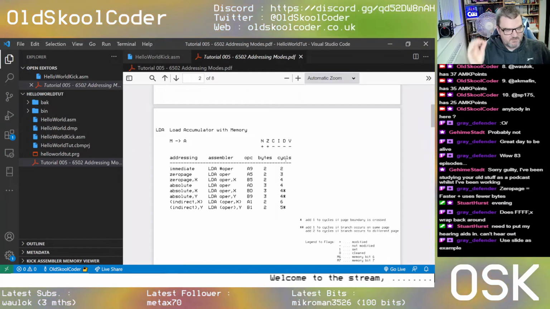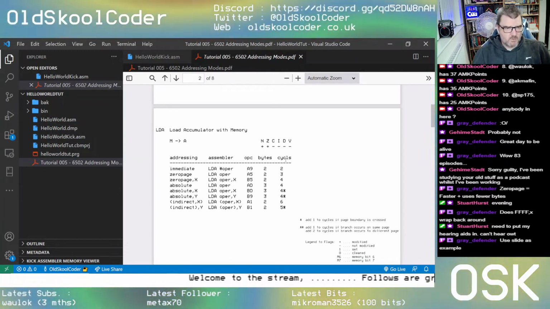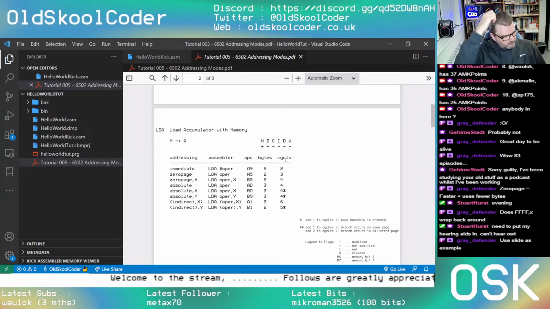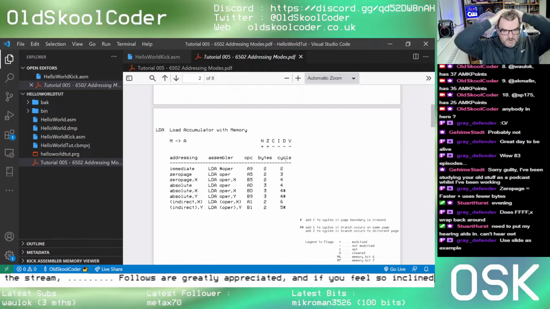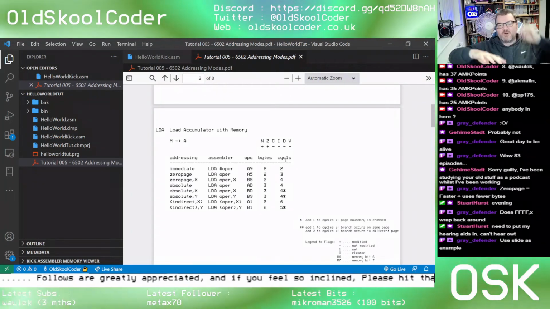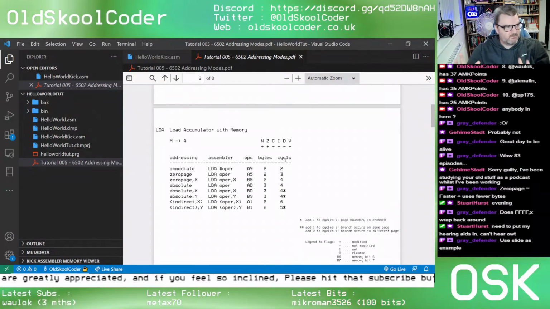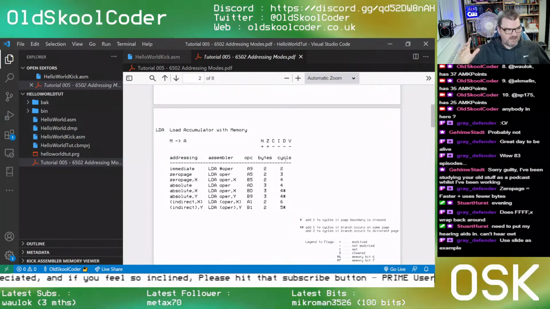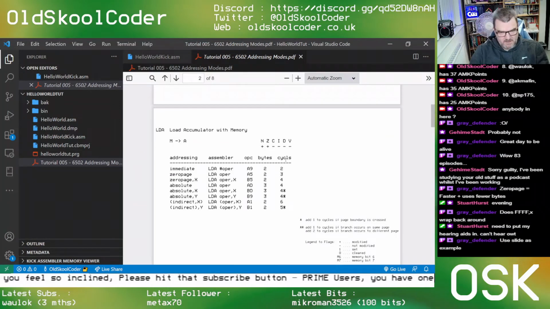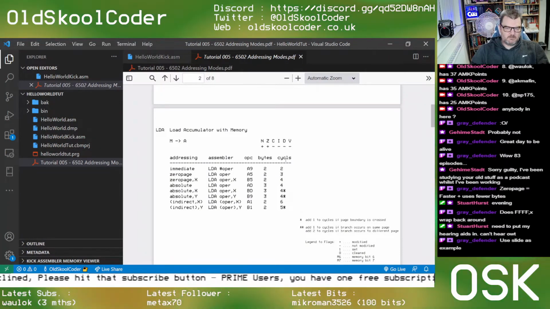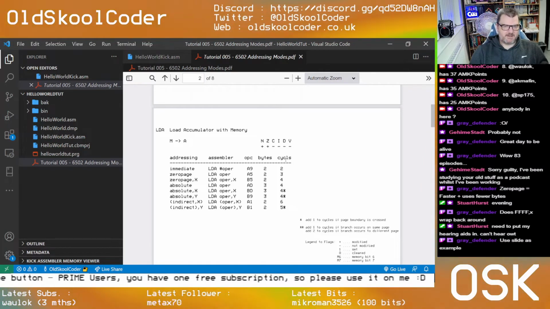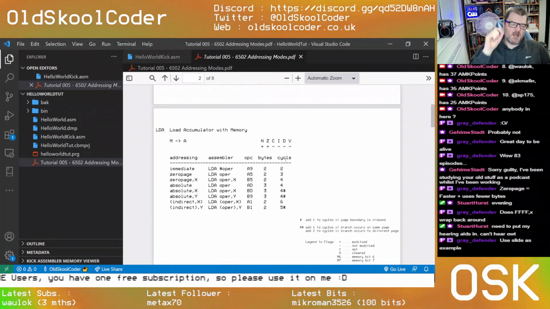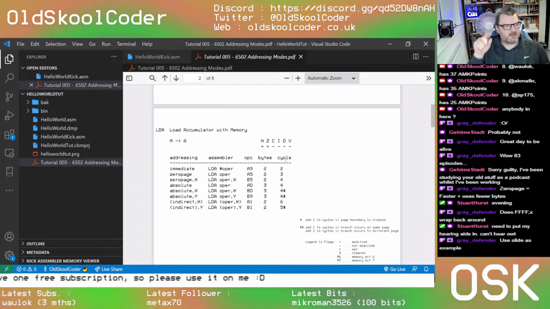So that's relative mode. There is another one called jump indirect. For the JMP instruction, you have jump to the absolute value, so jump to 1010. But you also have the indirect one, where you say, I would like you to jump to the address that's specified in this address.